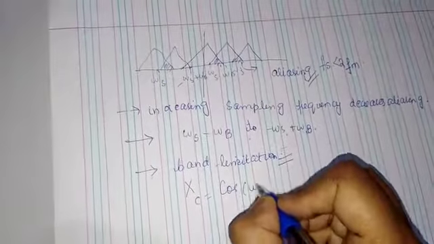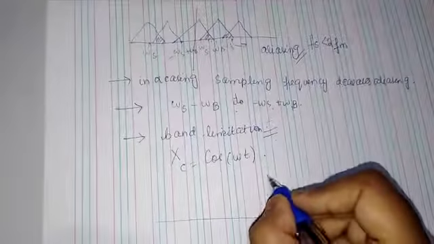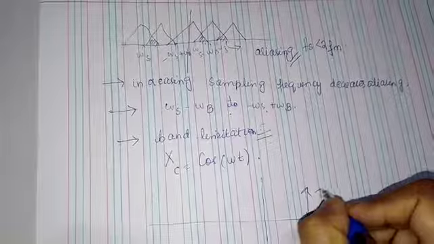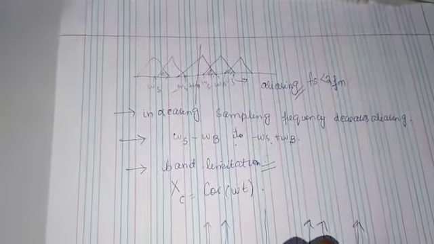For example, if we have a signal x of t equal to cos of omega naught t, and it is plotted like this, with minus omega naught, omega naught, and omega s. Let omega s be greater than 2 omega naught.